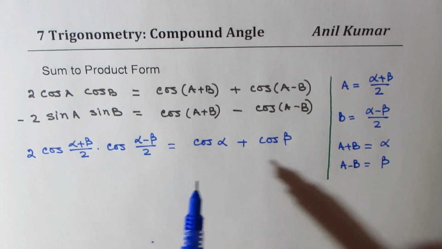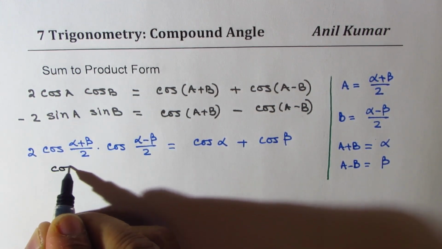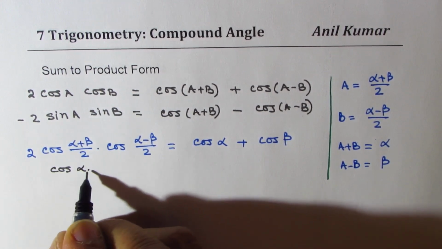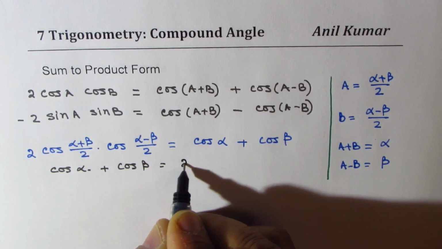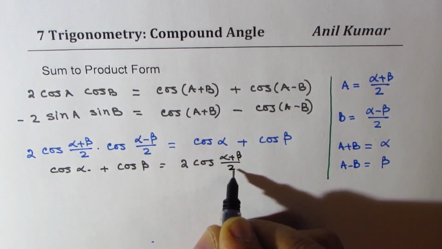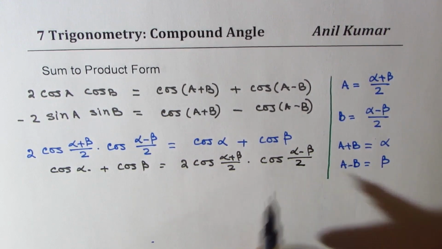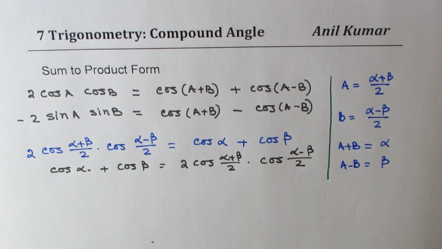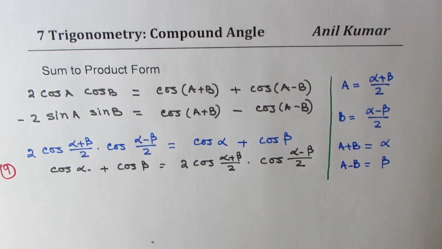So cos alpha plus cos beta equals twice cos of (alpha plus beta) by 2 times cos of (alpha minus beta) by 2, correct? So we get another formula here. We'll call this formula number 9, which we derived from here.